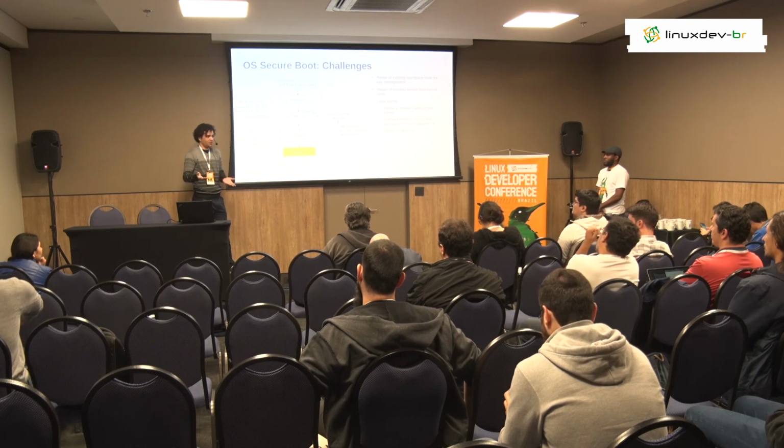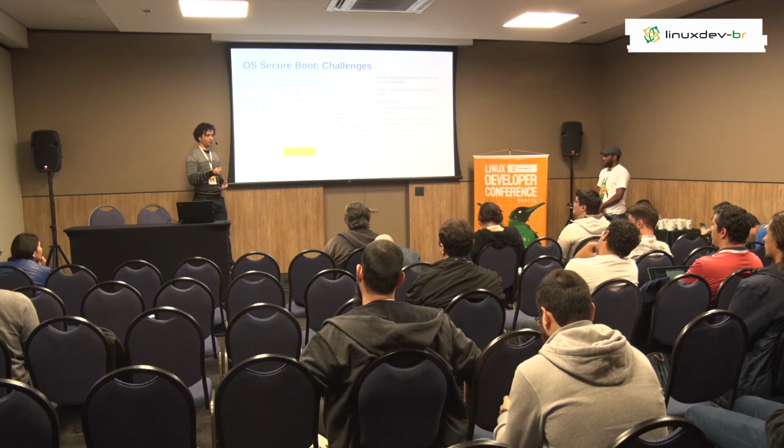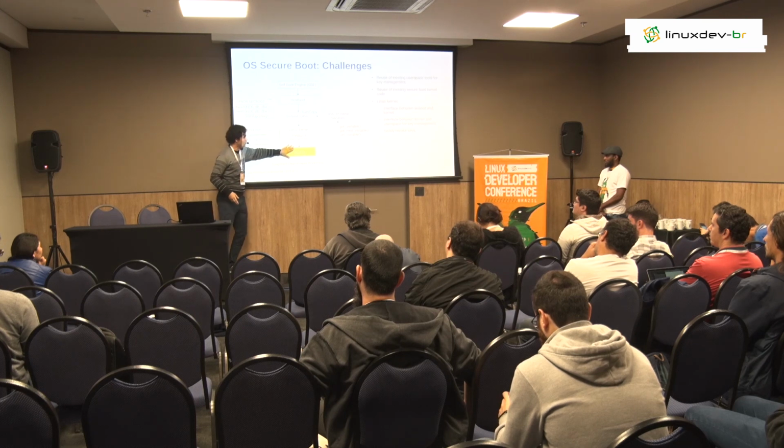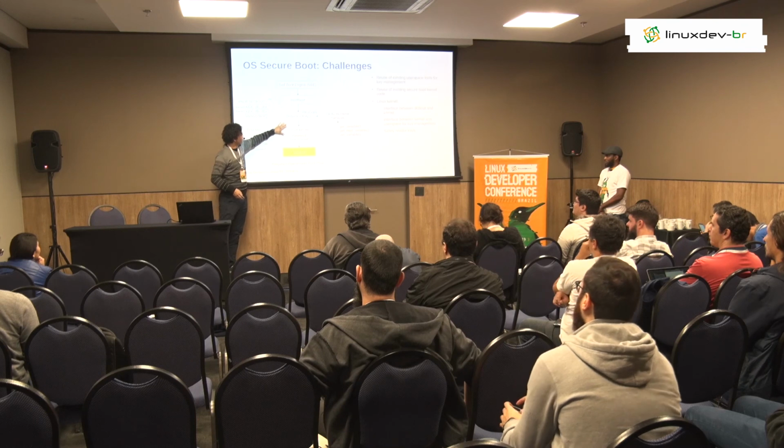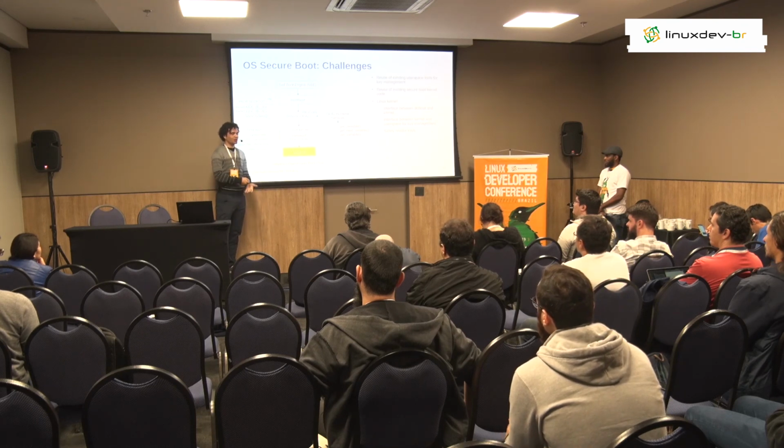I can just execute it because I trust the person that signed that image. So it will be executed. Later, if a vulnerability is found in that image, I can, for example, blacklist that image, but not in firmware, only in OS Secure Boot. If we find a vulnerability in firmware, you need to quickly flash a new firmware, update your firmware.